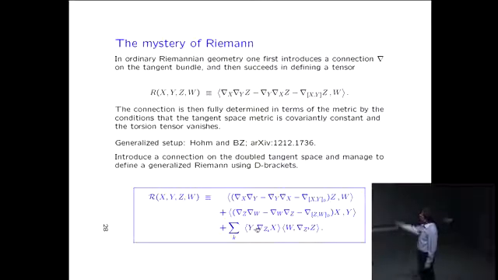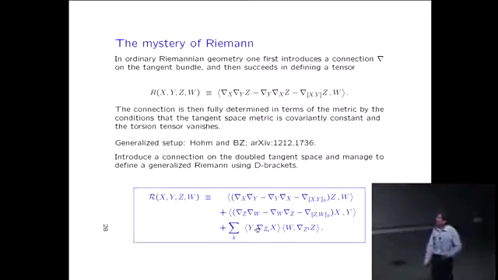So a relatively simple calculation shows that that kind of thing defines a tensor if you have a connection. So then the question is, how do you determine the connection? And the connection is determined typically in general relativity by the condition that the metric is covariantly constant and something called the torsion tensor vanishes. That determines the connection in terms of the metric, and out comes the Riemann tensor. It's a very useful and nice definition.